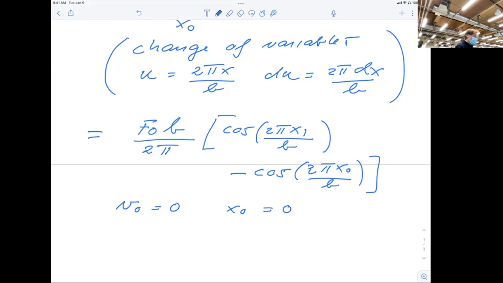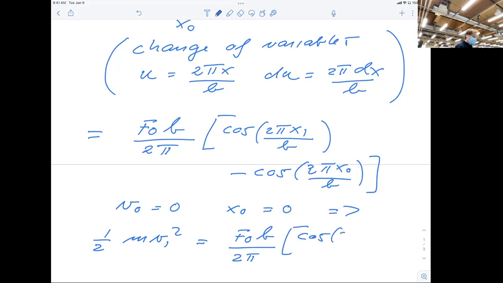And that means that when we put it up here, we are going to get 1/2 of m times v1 squared. And this is equal to F0 times b divided by 2 pi. And then I get a cosine of 2 pi x1 divided by b minus 1. So when you fix x1, then you know the final velocity.